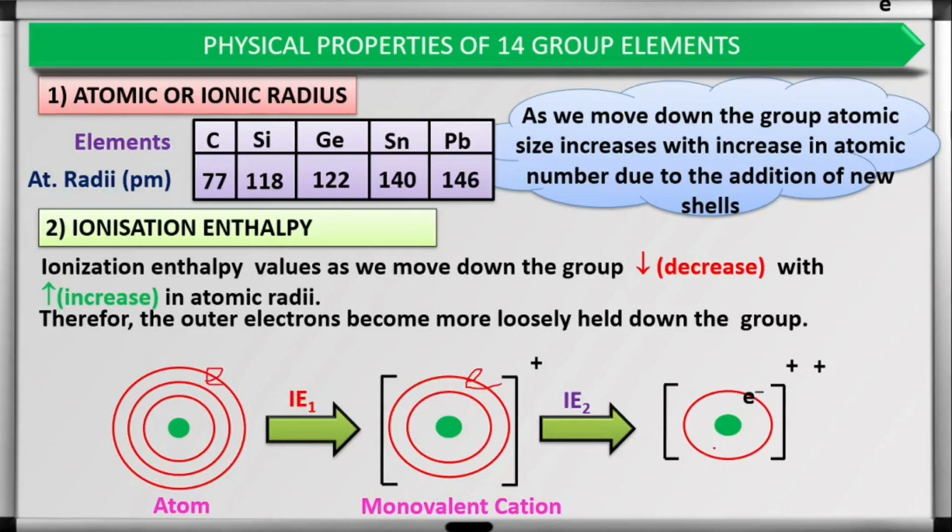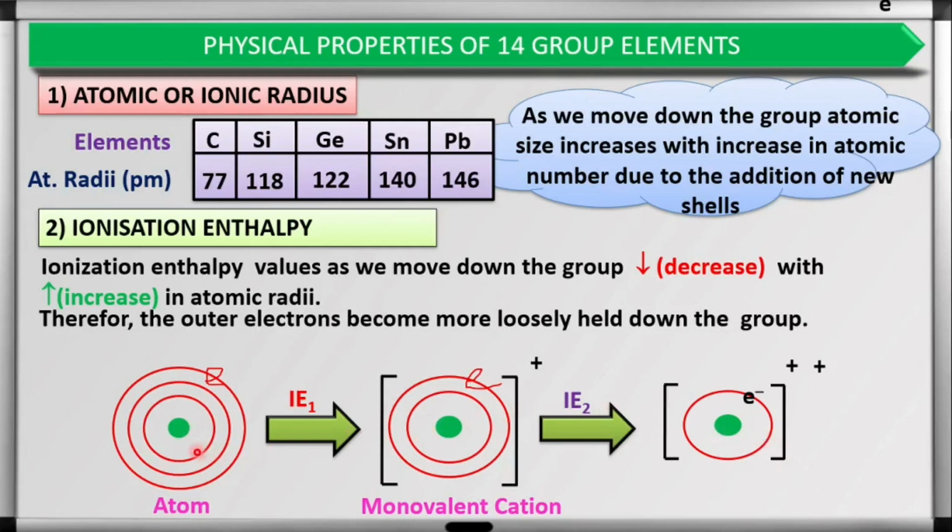Now if we compare the distance between nucleus and electron in the divalent cation, it is very close, the distance is very less, means nearer as compared to the atom, and in the atom the distance between nucleus and electron is greater than any other ionization enthalpy.